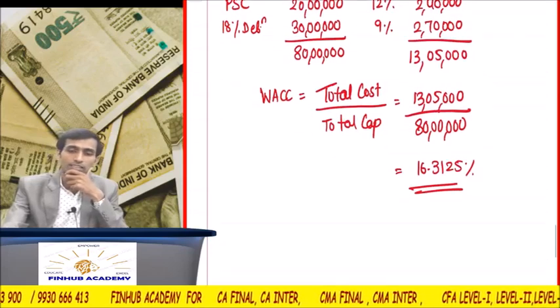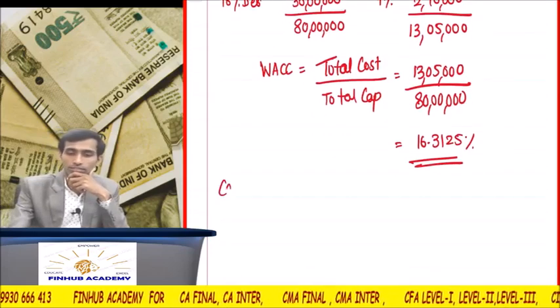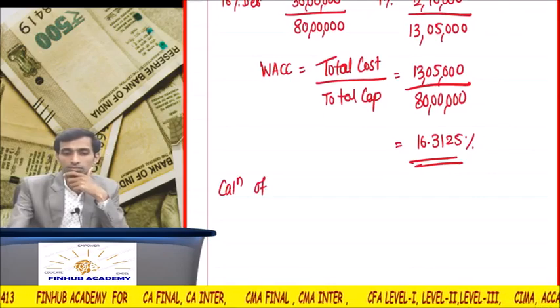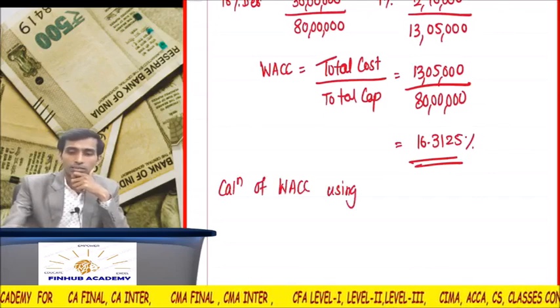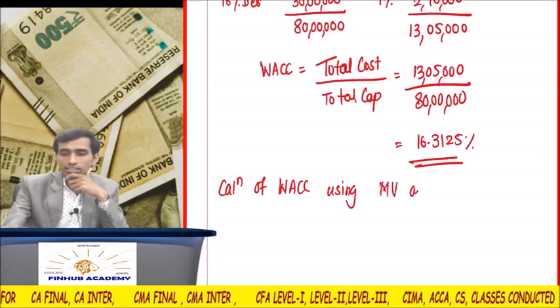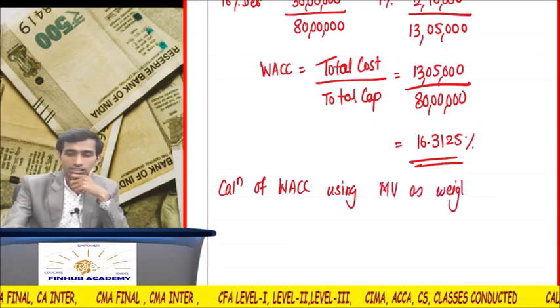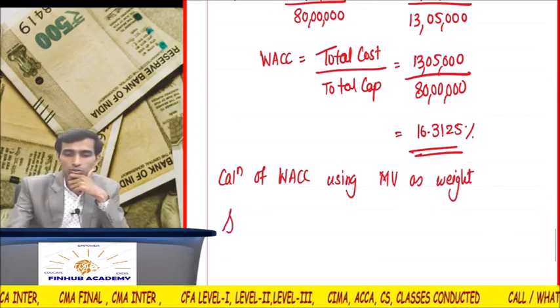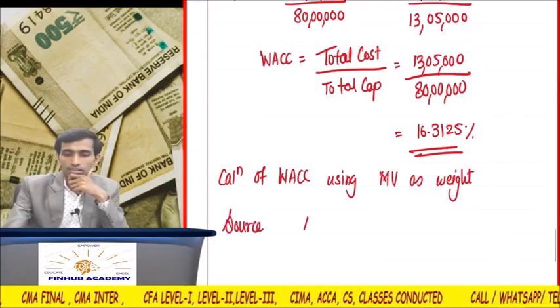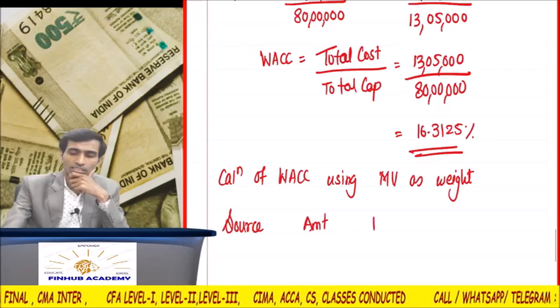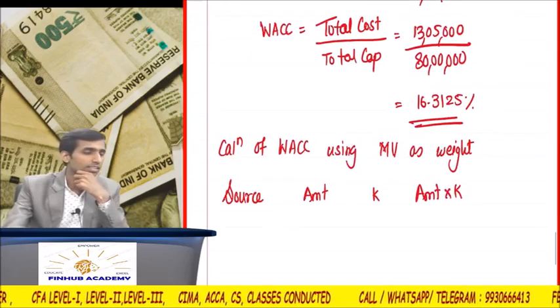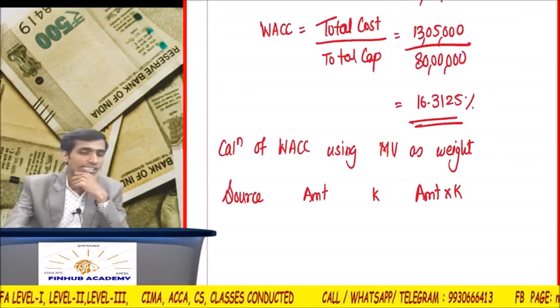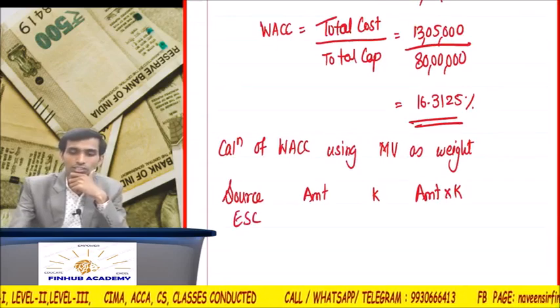Next, calculation of WACC using market value as weight. Source, amount, K, amount multiplied by K. Equity share capital is the first source.